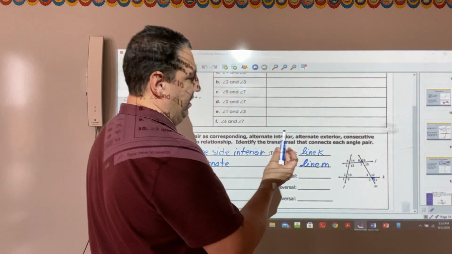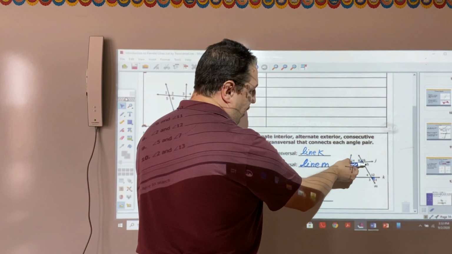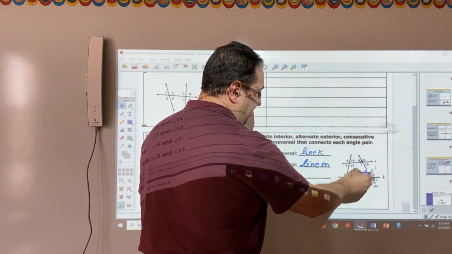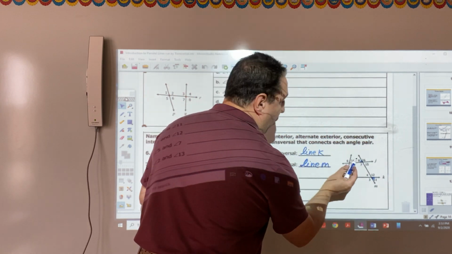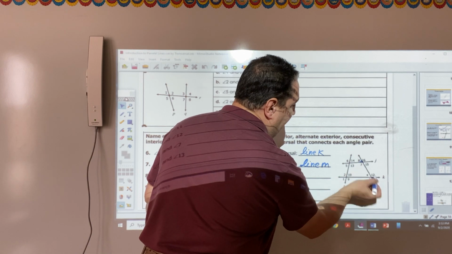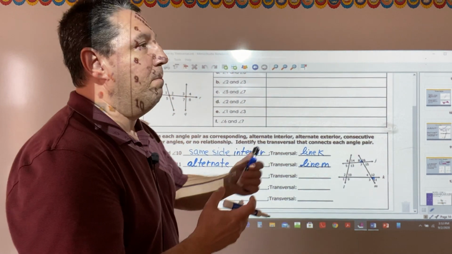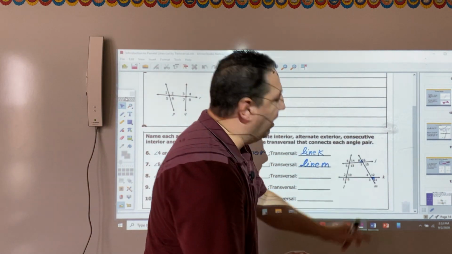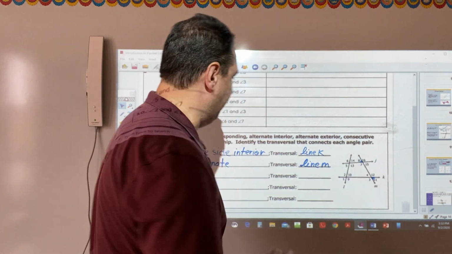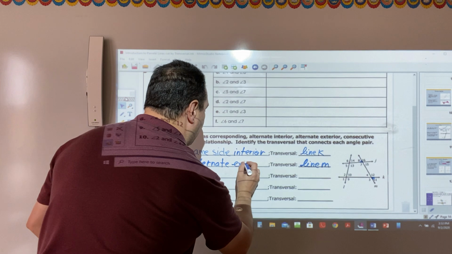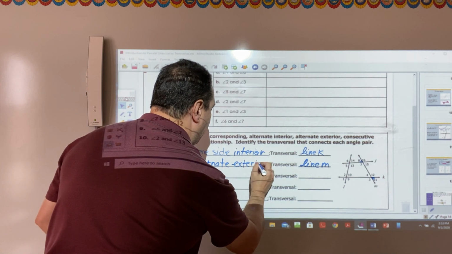Interior or exterior? Now, we look at the lines that are cut by line M. As we can see, 8 and 11 are both outside lines J and K. So they are exterior. Good.